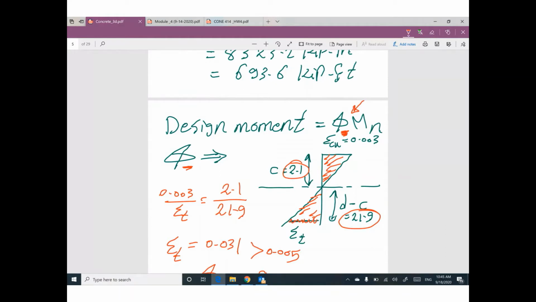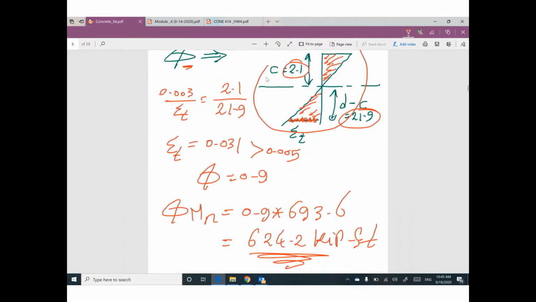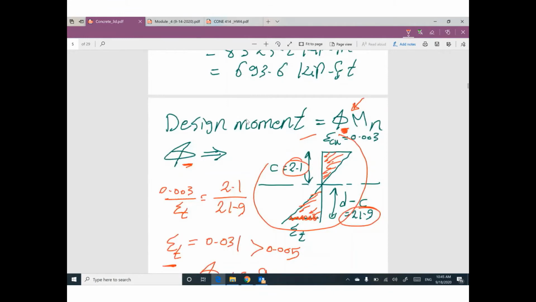How can we calculate the strain in steel reinforcement using strain distribution by triangle similarities? Based on the value of epsilon tension in steel, I can figure out the value of phi, then I can figure out the value of design moment.